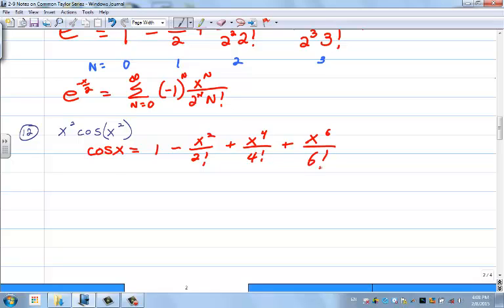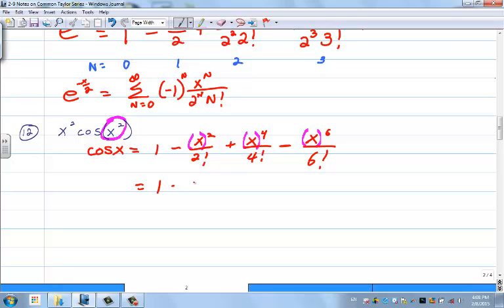Now what we're going to do is we're going to plug in for x again. Instead of x in each of these, make sure you put parentheses, because when you have negatives it gets kind of tricky. Alright, oops, I forgot to make this a negative sign over here. This is alternating signs, so that should be a negative there. So now we're going to plug in x squared for all our x's. That'll be our first step. So let's go ahead and do that.